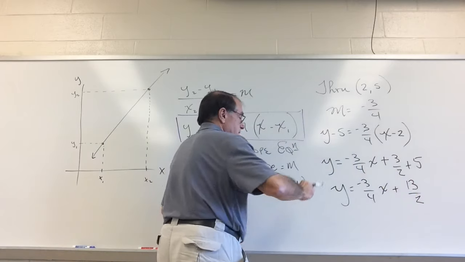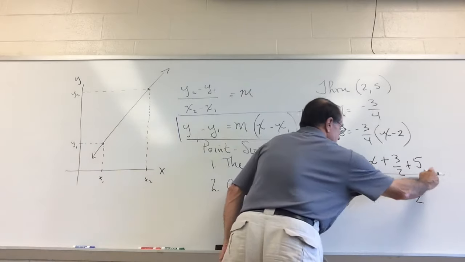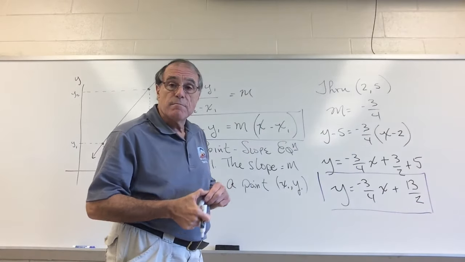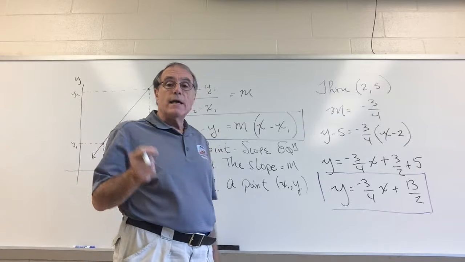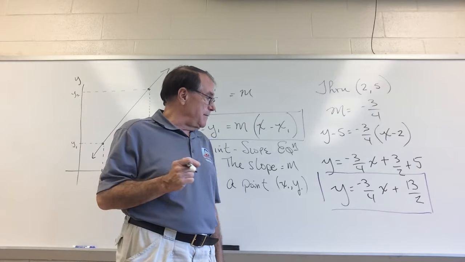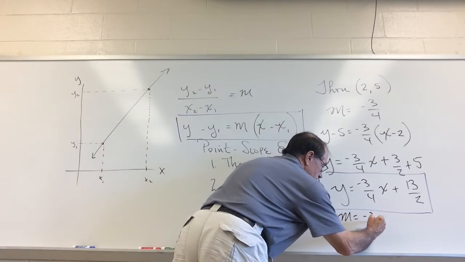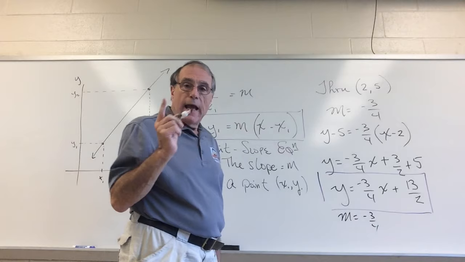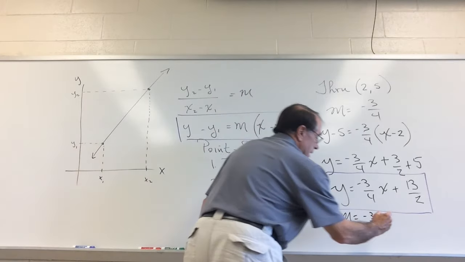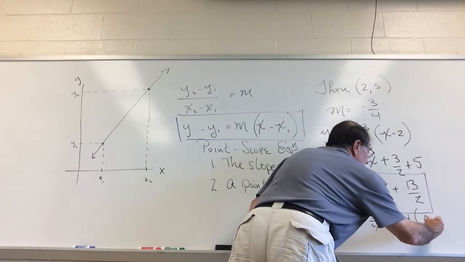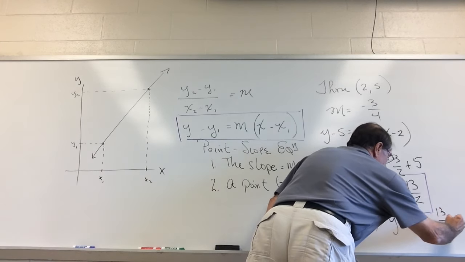Now this is the slope-intercept form of a line, which you probably have seen before as y equals mx plus b, where the slope is -3/4 and the y-intercept is the point 0, 13/2.